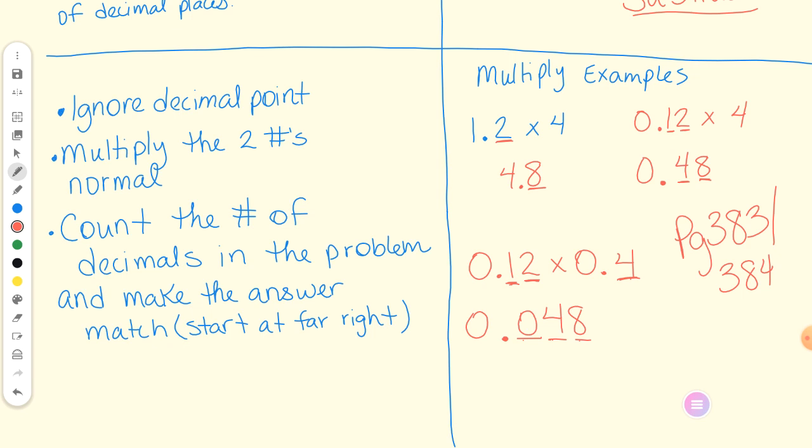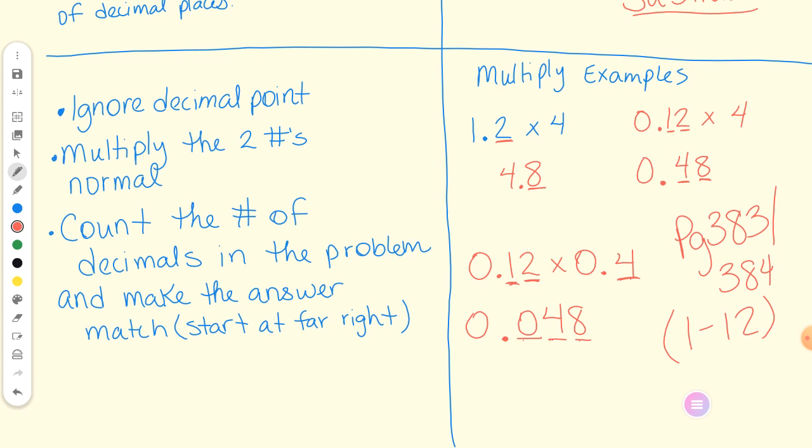On page 384, mark off 13, 14, 15. So you're only doing 1 through 12 on your homework, okay? So page 383, 384, 1 through 12. How do you know on a word problem if you're going to estimate? Kendall? It says about.